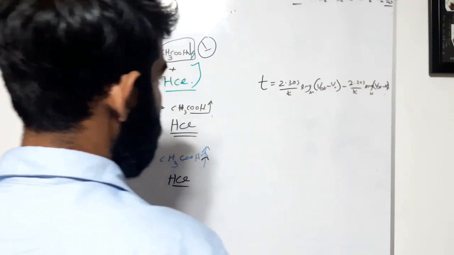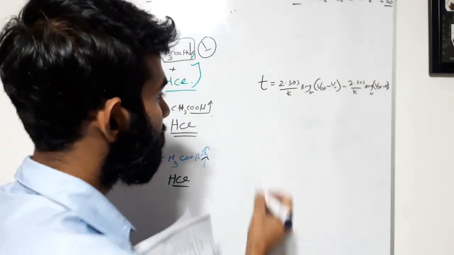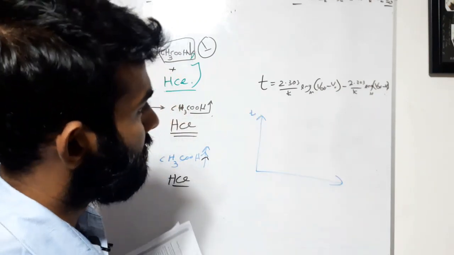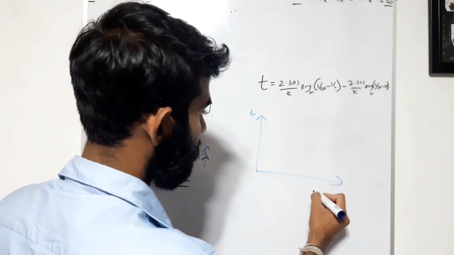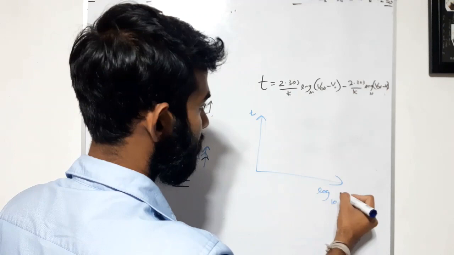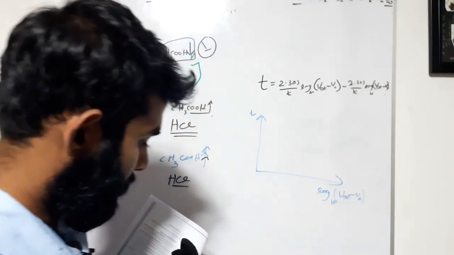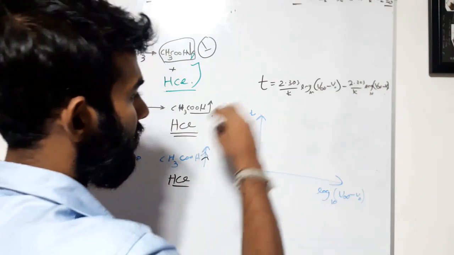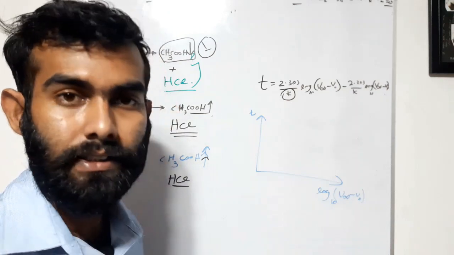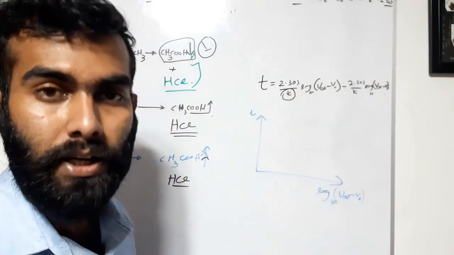Likewise, this equation we have provided. What can we say? We will plot a graph of time against log10 (V infinity minus Vt). After plotting this graph, from its gradient we can get the k value, or rate constant, at 25 degrees.